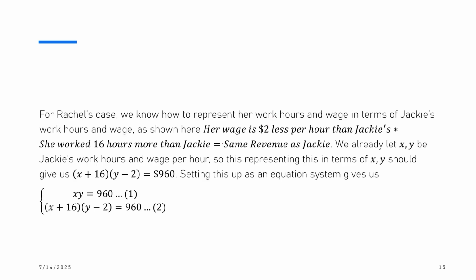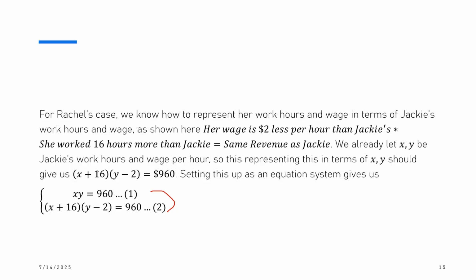She worked 16 hours more, so that should be x plus 16. Remember, x is the work hours. Then her wage is $2 less per hour, and y is the salary, so y minus 2. And x plus 16 times y minus 2 equals 960. Setting this up as an equation system will really get us over here.